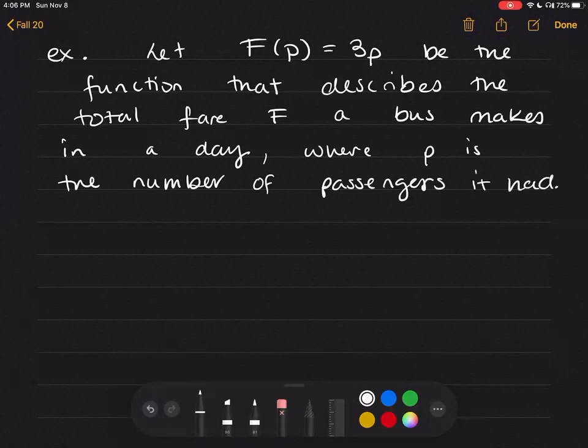So if you had 2 passengers in one day, which would be a very small number of passengers, your total fare for that day would be $6, right? Plug in 2 for p.